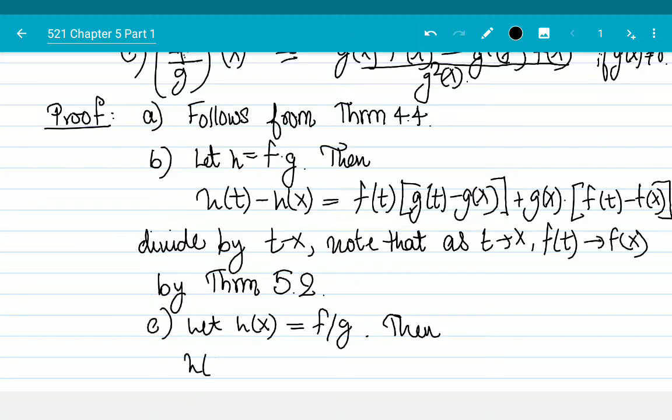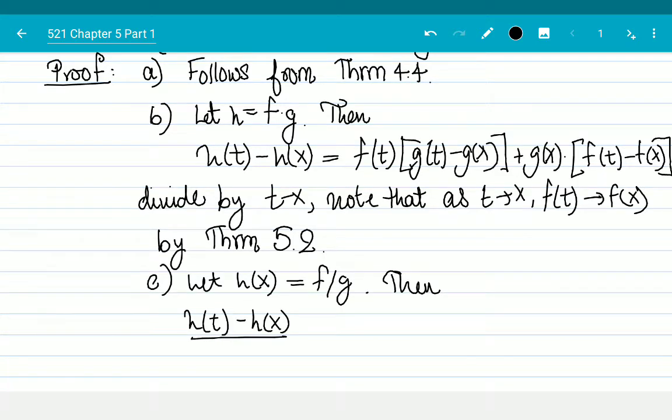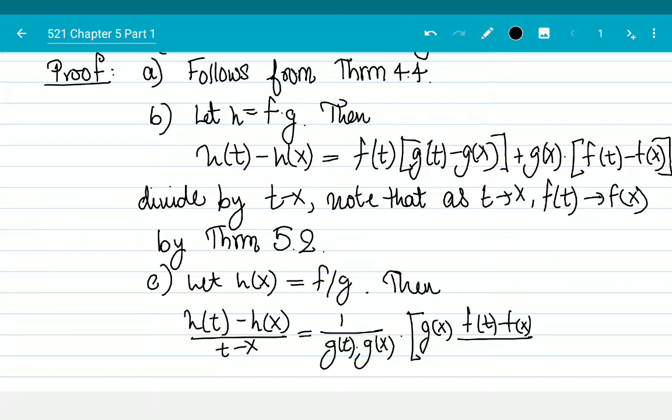Then h of t minus h of x over t minus x is equal to 1 over g of t times g of x, into g of x times f of t minus f of x over t minus x, minus f of x times g of t minus g of x over t minus x.